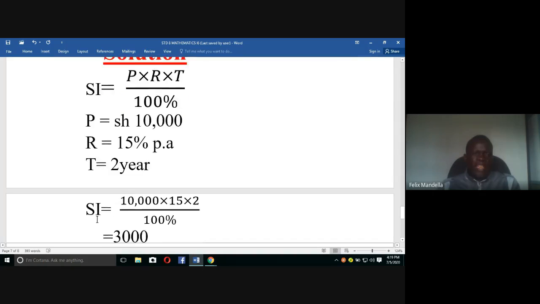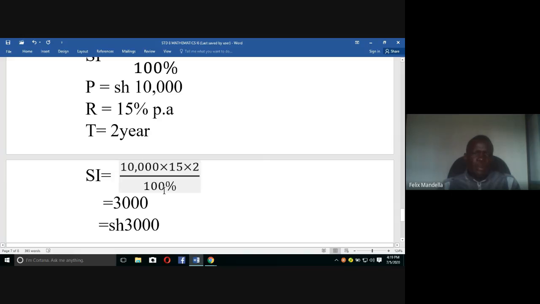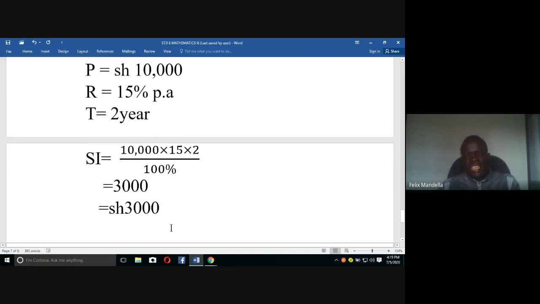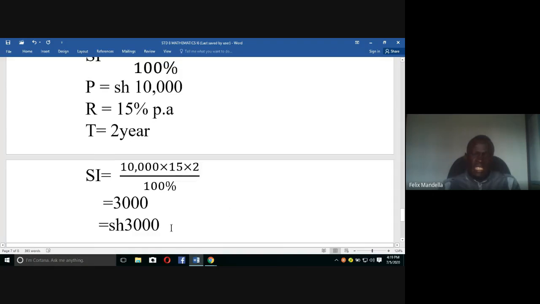Now, we are working out simple interest, principal times rate times time over 100. So if you calculate this one, you will get 3,000. So the 3,000 was the interest. And because this question was asking the interest alone, the answer remains 3,000.